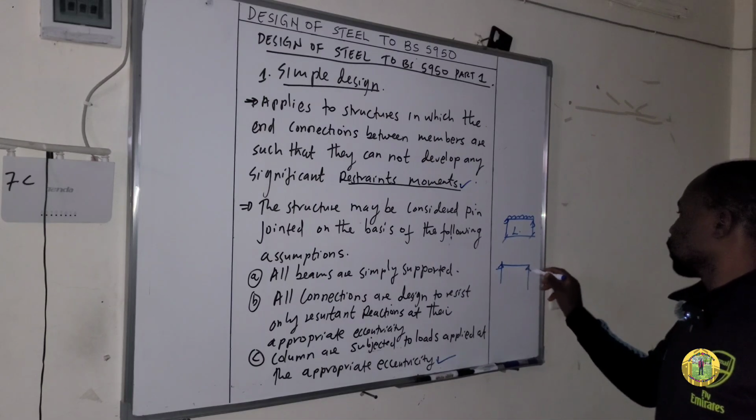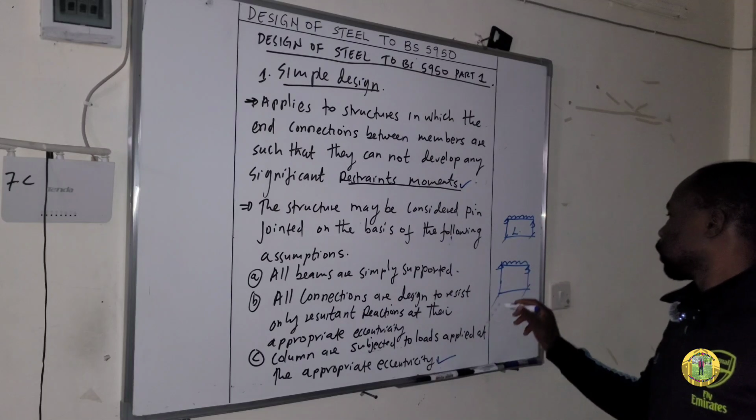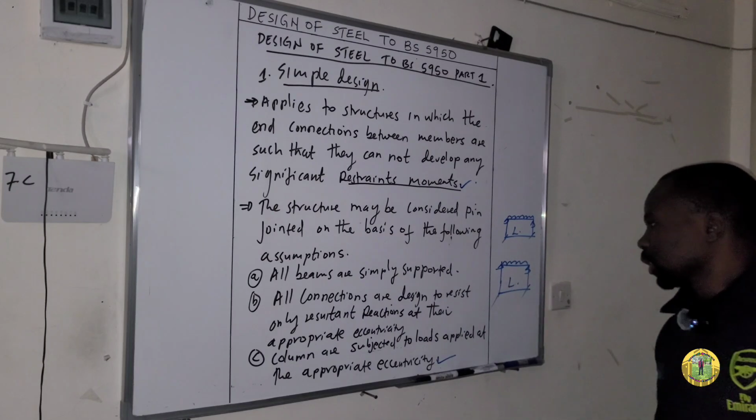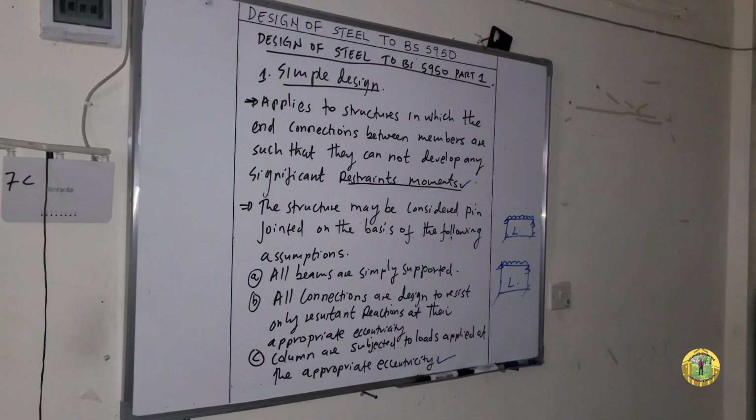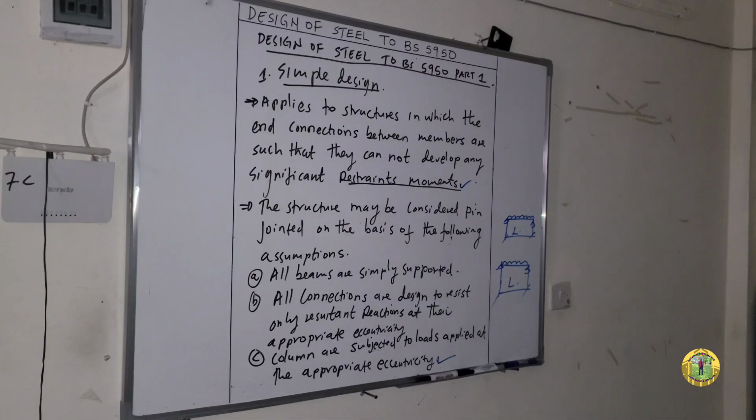As you can see, a simply supported beam is a beam with 2 supports only, or a beam resting on 2 supports.